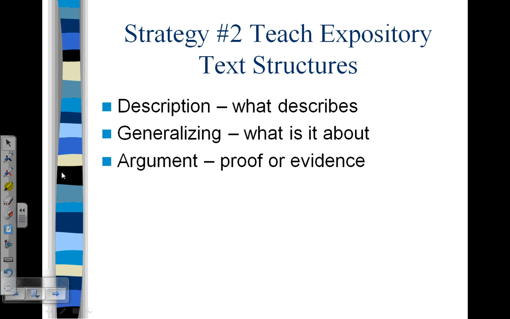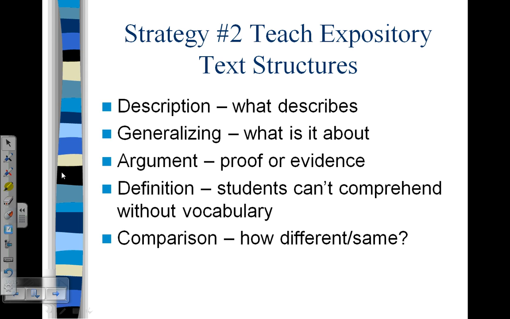This is where a student might have to take a side and show parts of the reading in science of the proof that's there, evidence that's there or is not there. Definitions. Students can't comprehend without vocabulary, and so students must look at the things that define words in the expository text structures.